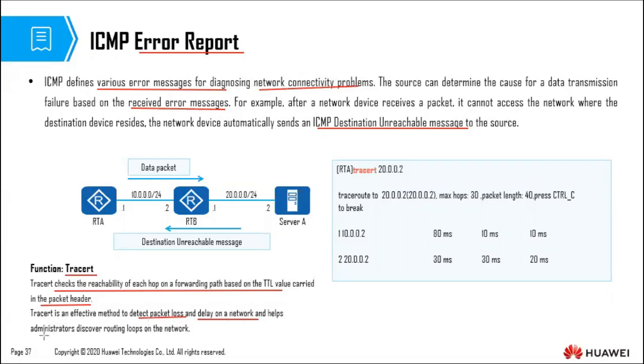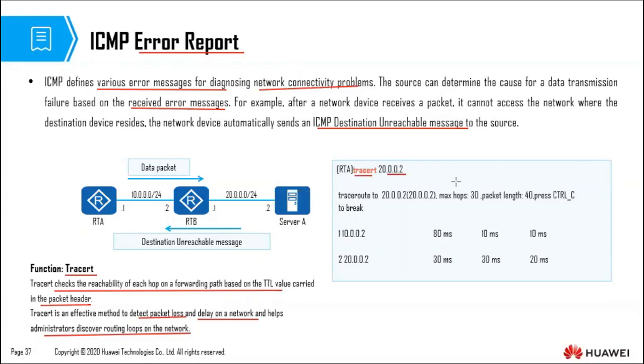It also helps network administrators discover routing loops on the network. Just like ping, you use the command traceroute, then the IP address of the destination whose path you want to find out.